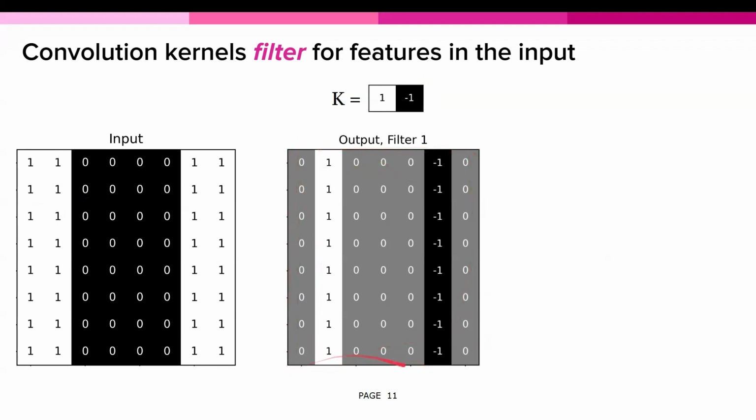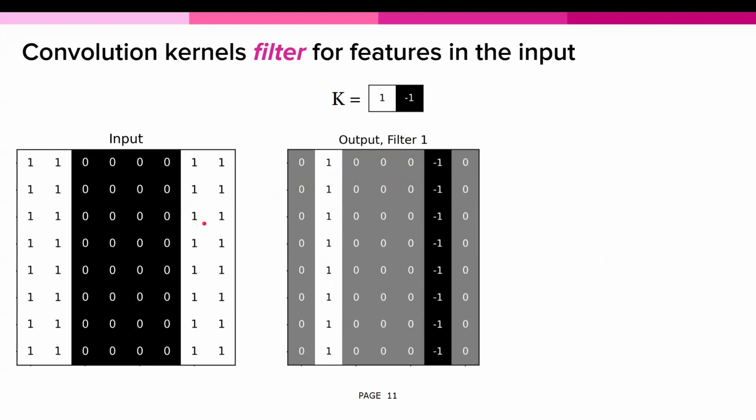So why did this happen? What we can see is that where any two horizontally adjacent elements are the same in the input, the output is 0. But when the elements differ, like when we move from a 1 to a 0 or a 0 to a 1, the output becomes non-zero. So in the output, we only see non-zero values at the edges of the central column of the input image.